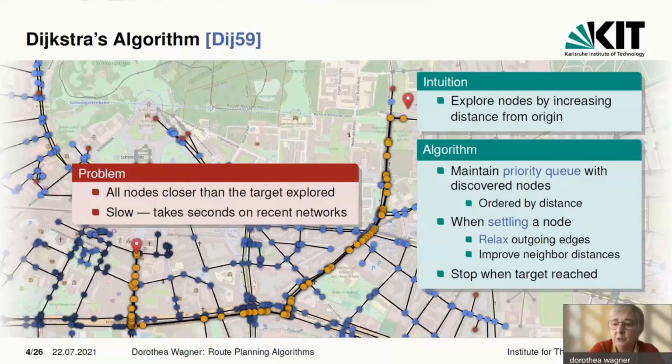But still, in a huge transportation network, it's problematic that this algorithm explores a large portion of the graph before it finds the shortest path. And this is just too slow for the scenarios we usually consider in transportation.